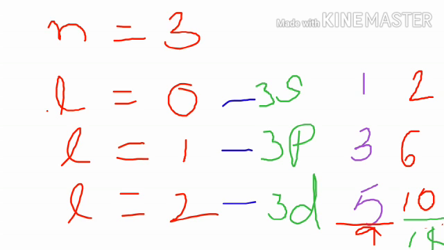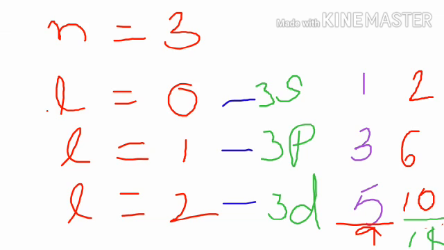And guess, in the third orbit how many subshells are present, how many orbitals are present and how many electrons are present. Let us see. Third orbit means n is equal to 3. n equal to 3 means l is equal to 0, 1, 2. l equal to 0 indicates s, l equal to 1 indicates p, l equal to 2 indicates d.